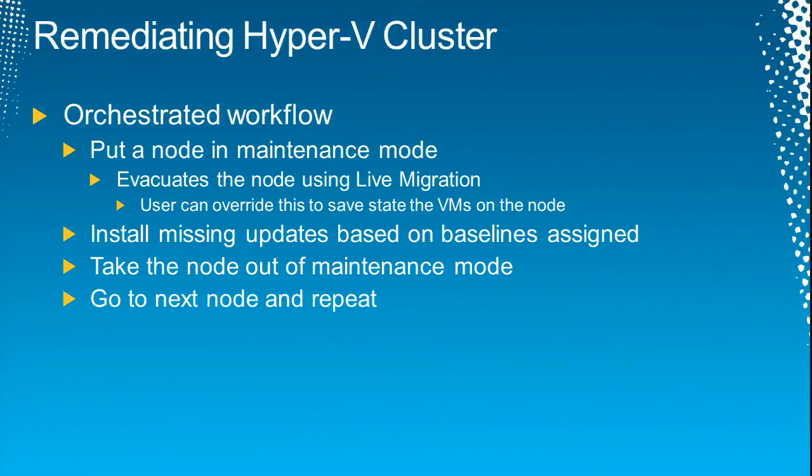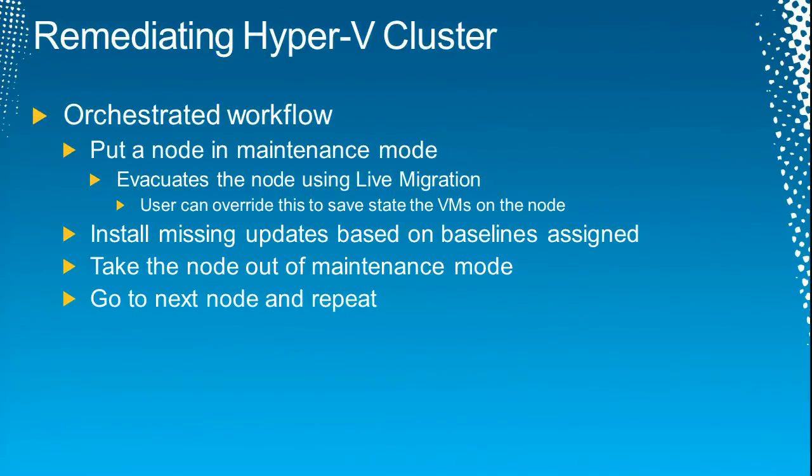Once we make sure the cluster's OK, once we check for maintenance mode, we then go out and we pick the first node we come to, and we live migrate off all the VMs. We do this with a feature that's available in VMM 2008 R2 and SP1 today called maintenance mode. So we ride on top of maintenance mode.